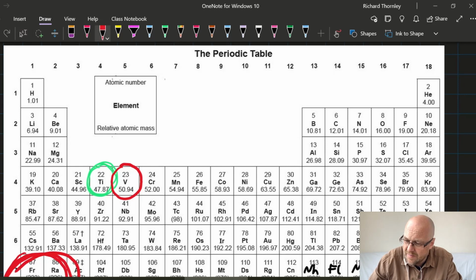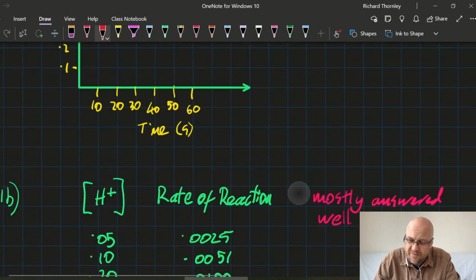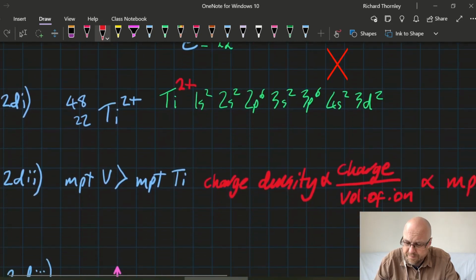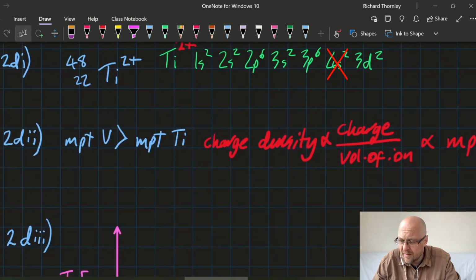And helium is the smallest atom. So following that pattern, vanadium must be smaller than titanium because it's closer to helium. So if vanadium is smaller than titanium, that means the charge density is higher and the melting point is higher. So I think that's the reason.